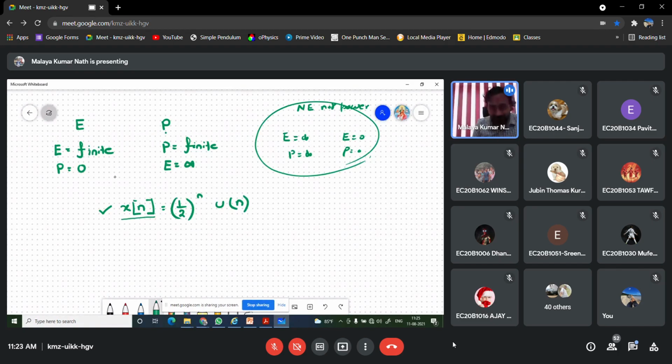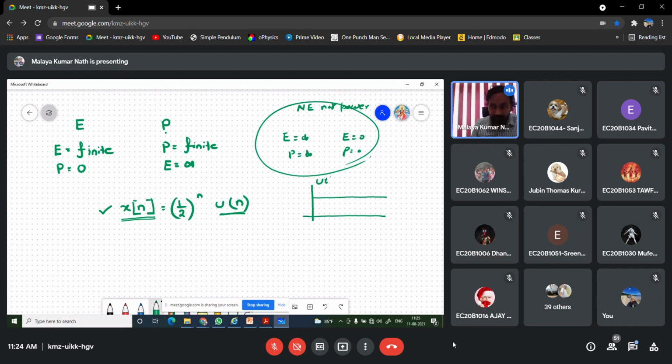x[n] is a discrete signal, that means it has discrete values. Try to understand very carefully. What is u[n]? u[n] is nothing but a unity step signal in the discrete domain. In the last class, we discussed the unity step signal in the continuous domain. Just once again, I am recalling your memory. A unity step signal has a magnitude equal to 1 for t greater than 0 if it is continuous.